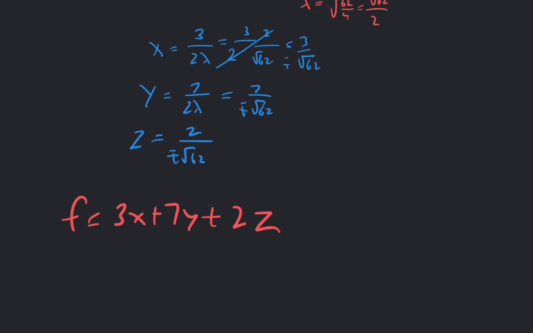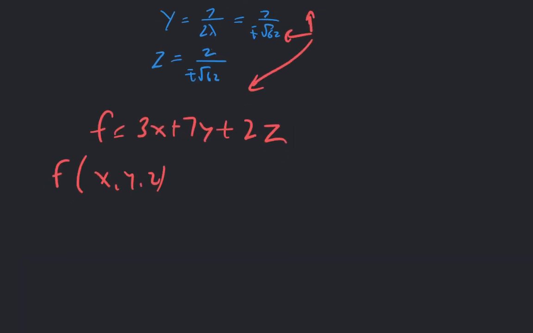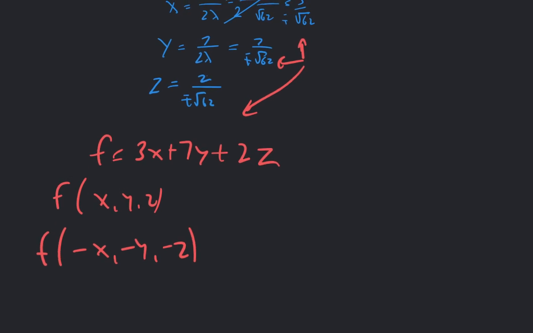We don't have to plug in the positive version of this with the negative version of that and the positive version of that. We only have to look at the positive and the negative. So f of x, y, z, and f of negative x, negative y, negative z. And they're going to be totally opposite, well, negative of each other.